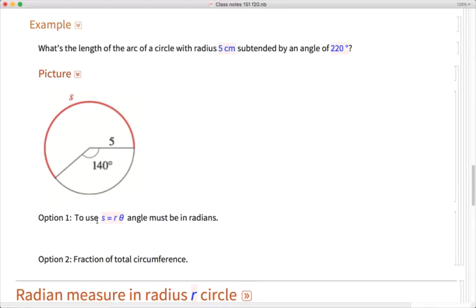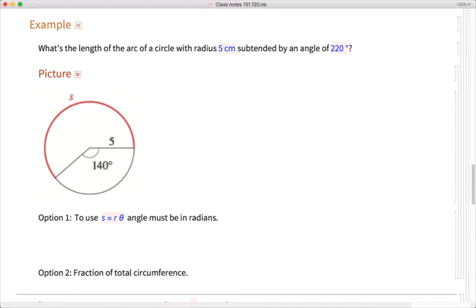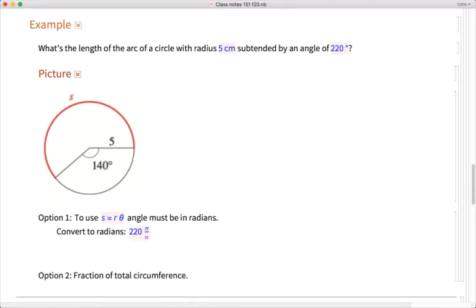Okay, so to use this formula, we've got to be in radians. Option 1, convert to radians. We take our 220 and multiply it by pi and divide by 180. That puts us into radian measure.